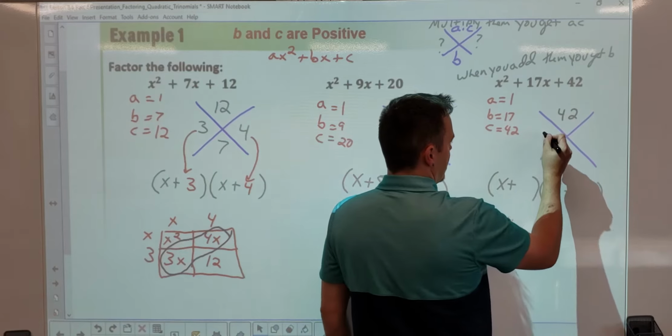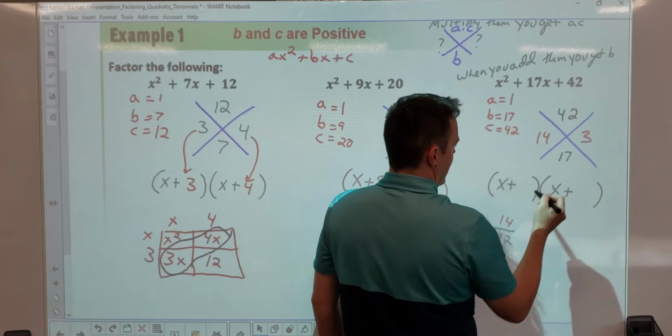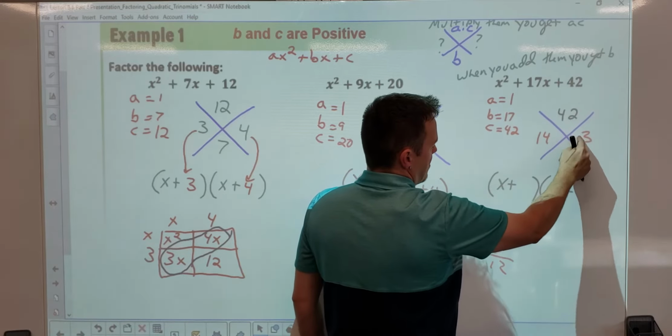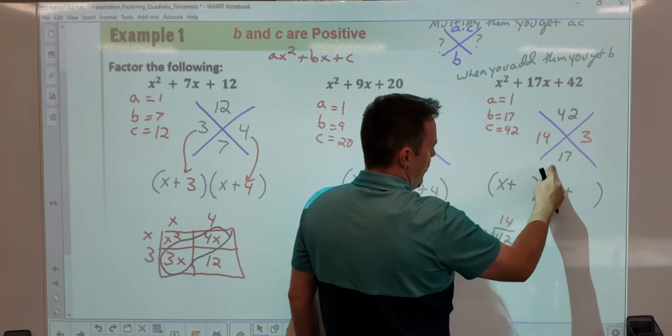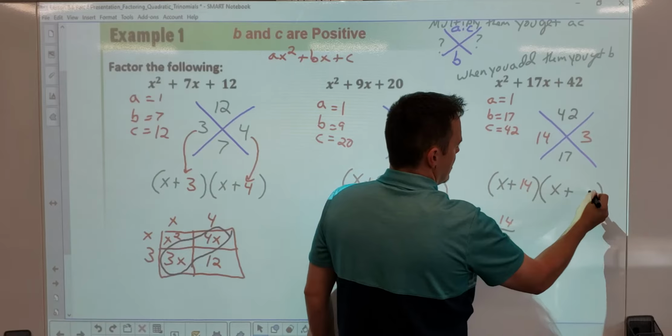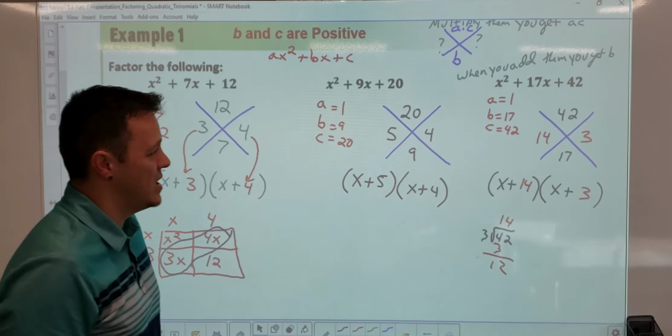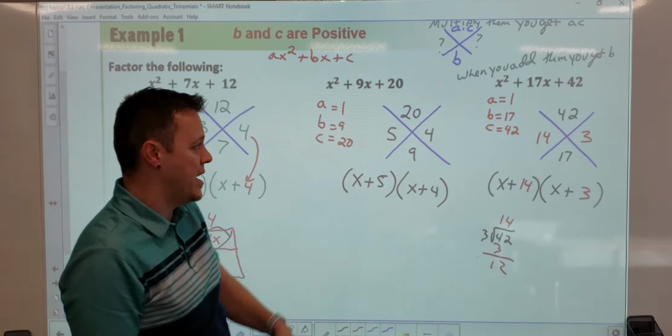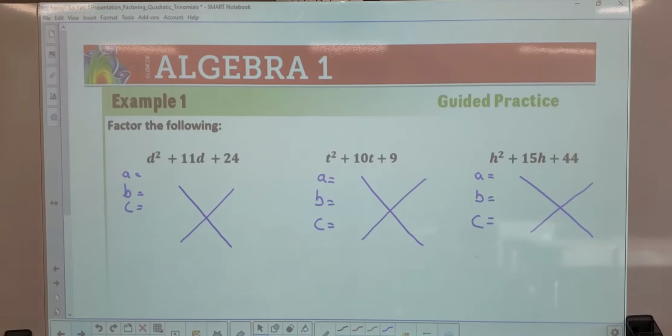It's the magic number I'm looking for. 14 times 3 is 42. 14 plus 3 is 17. Hopefully you guys can see how that works. All right? So there are my 3 examples. Remember, what two numbers multiply together make the top, and when you add them, make the bottom. You try these next 3 on your own, please.